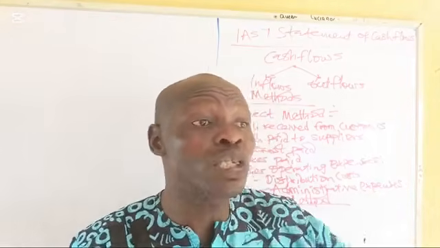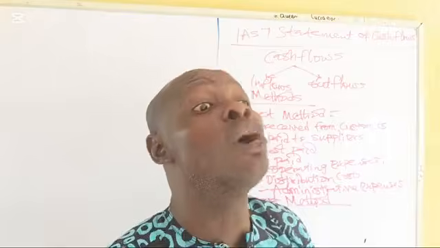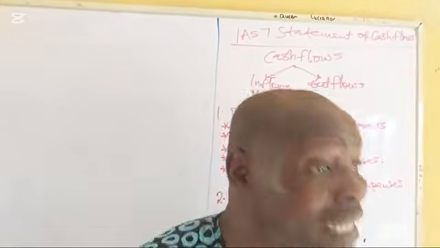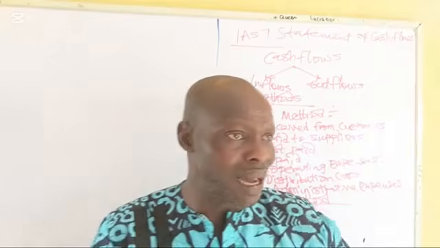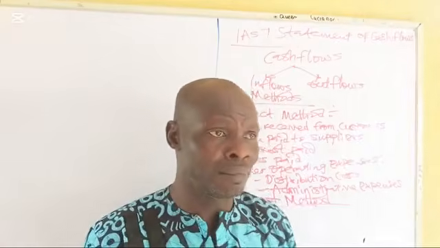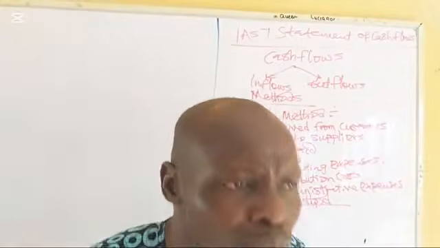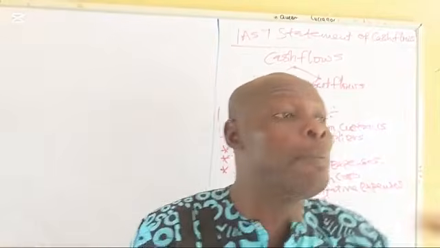The profit follows accruals. We don't talk about profit in the cash book. You can only have cash in hand and cash at bank, nothing like profit. So if you have a profit or even a loss from disposal of an asset, it is accruals that give birth to them.